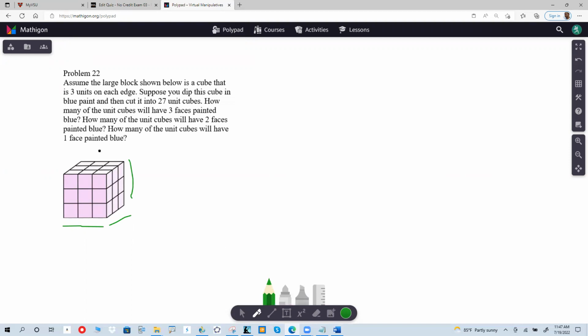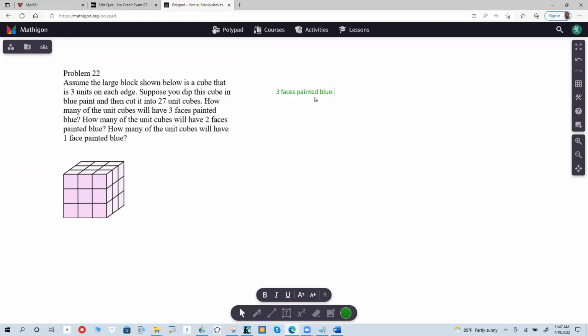Okay, so we're going to take a 3 by 3 by 3 cube, cut it into 27 equal little cubes. Each cube will be a unit cube. And this problem requires a little bit of reflection. You really have to think. So how many of the little unit cubes will have 3 faces painted blue?